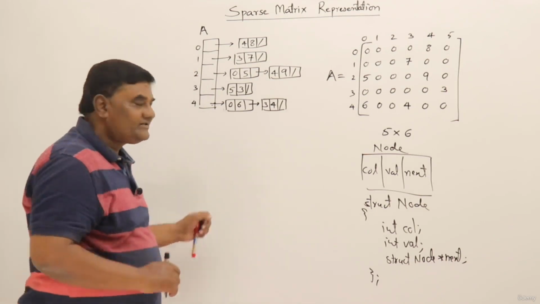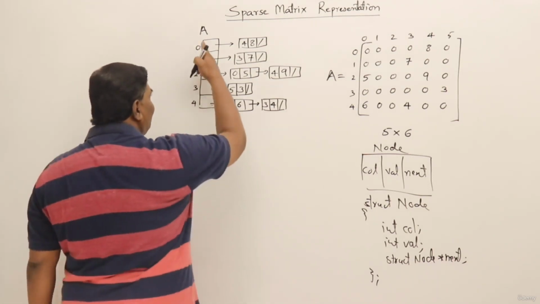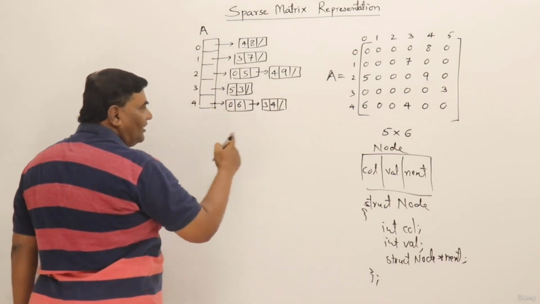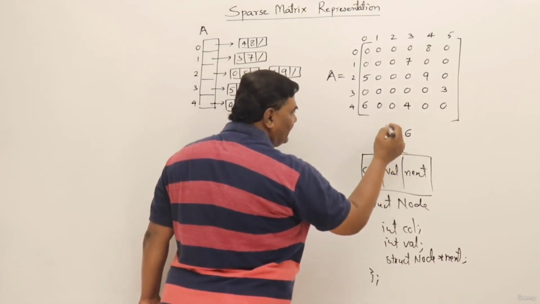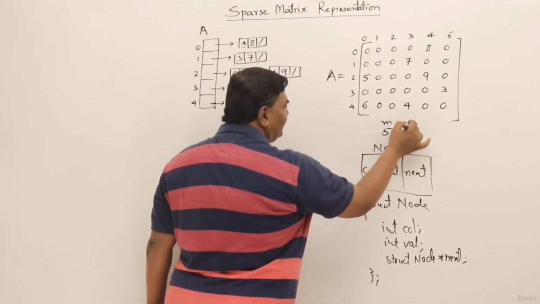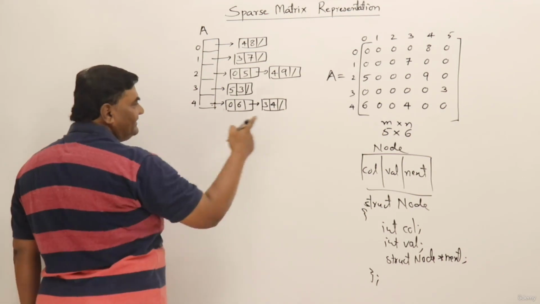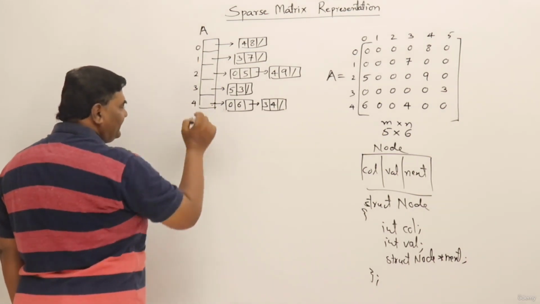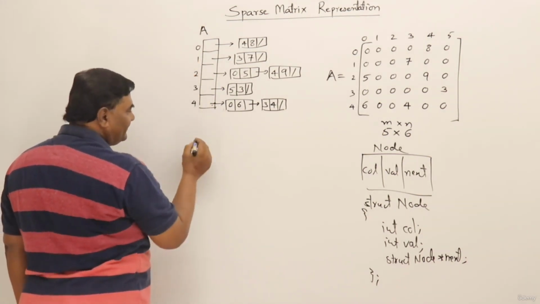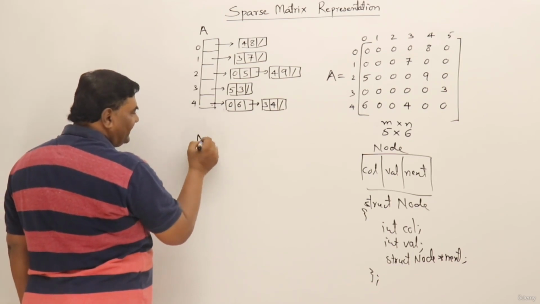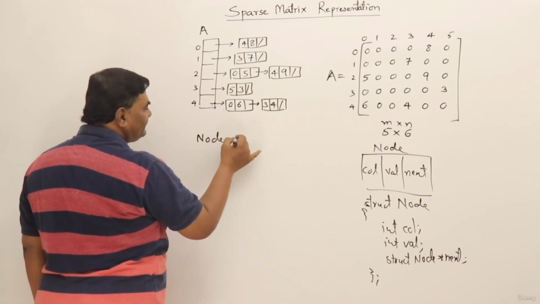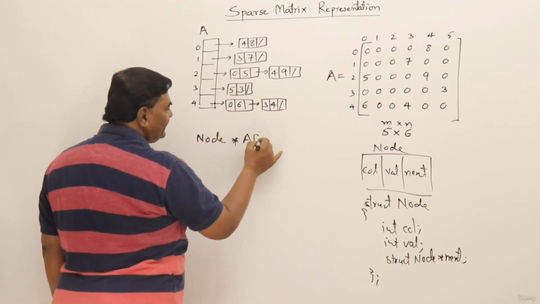Now how to create this structure? For creating this structure, I need an array of size equal to the number of rows. If this is m cross n, then I should have an array of size m. So array is of type node pointers, A of size m.